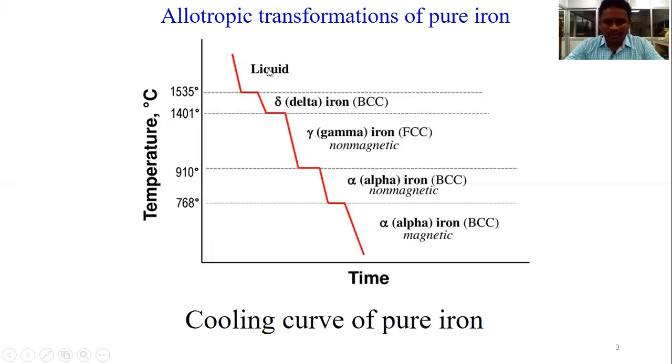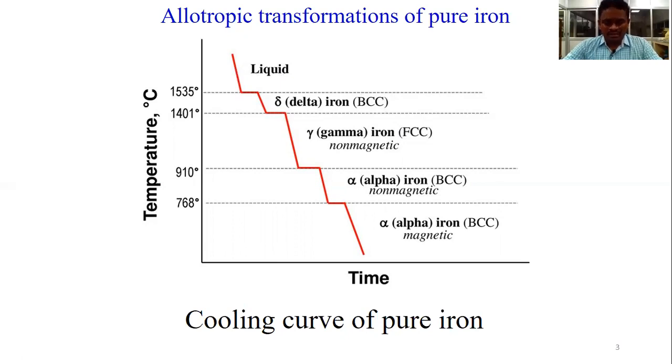The liquid starts solidifying into BCC, body centered cubic crystal, which is called delta iron. And this is the first arrest point. At 1401 degrees centigrade, the BCC starts transforming into face centered cubic crystal structure, which is called gamma iron.